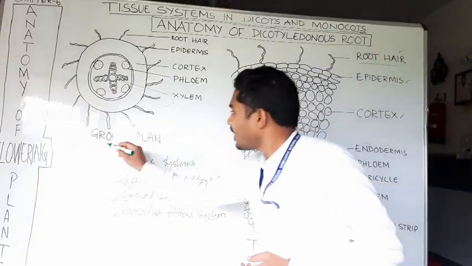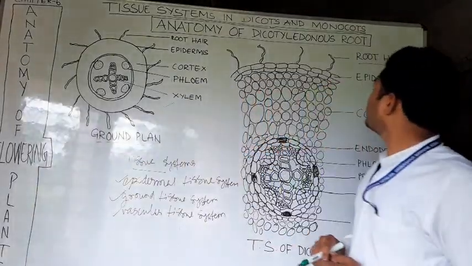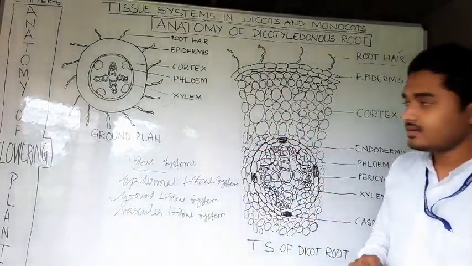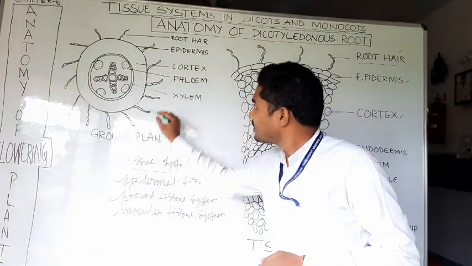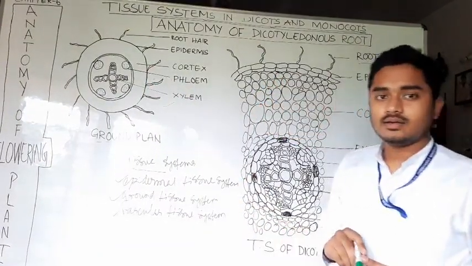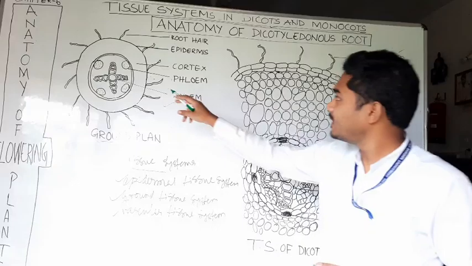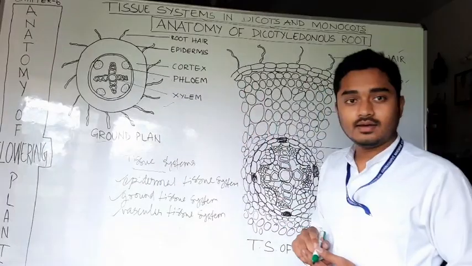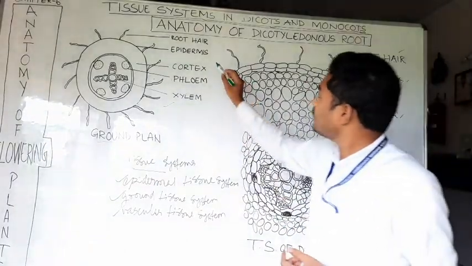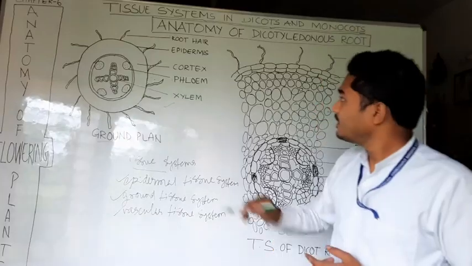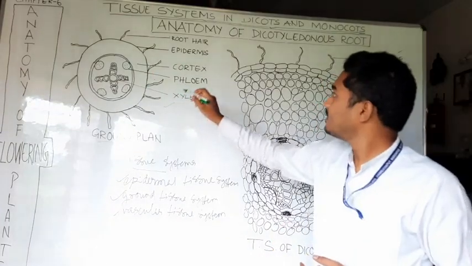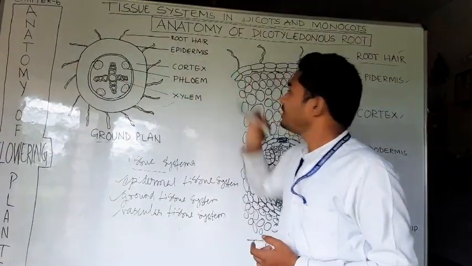In the ground plan of a dicot root, these tiny structures or finger-like projections that we can see here are the root hairs. Root hairs are present in the outermost layer, known as the epidermis.